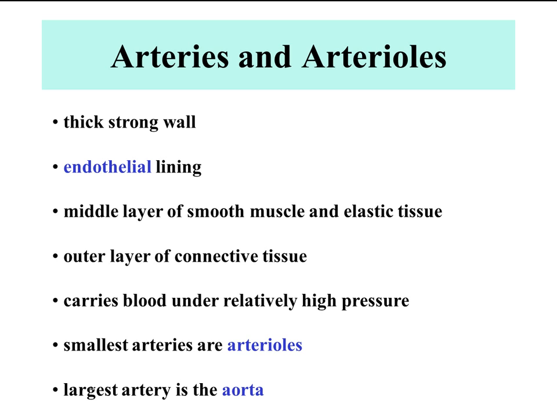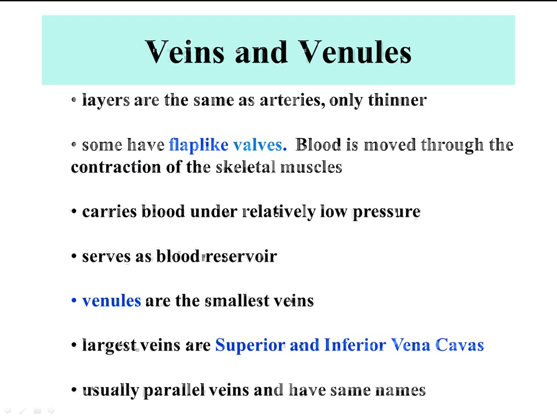The smallest arteries are arterioles, so arteries branch off into arterioles. As these arteries get smaller, the walls get a little bit thinner. The largest artery in the body is the aorta that comes right off the top of the heart.